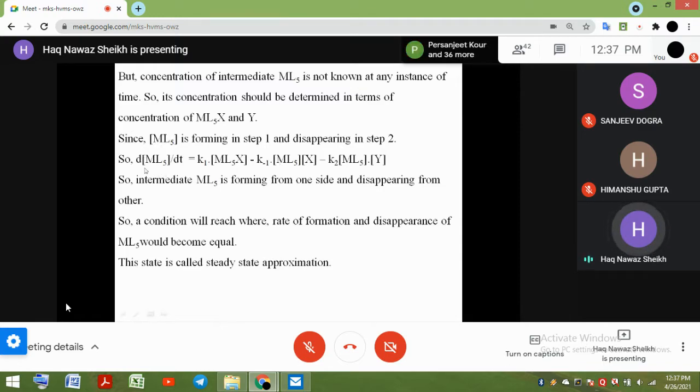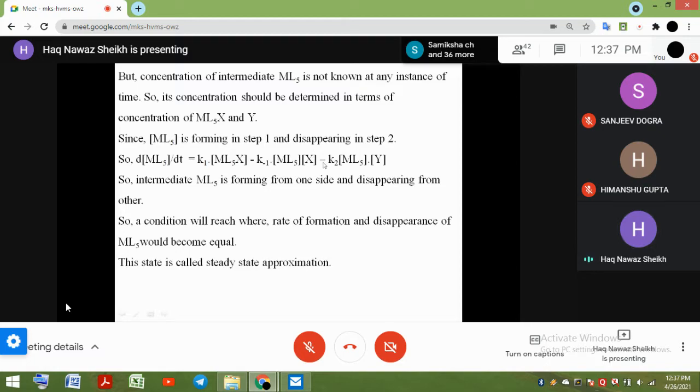The intermediate is formed in the first step, k1, and minus k1 represents the rate of the reverse reaction, where the intermediate and X combine together and form back the original complex.